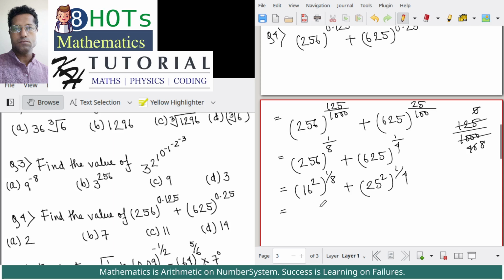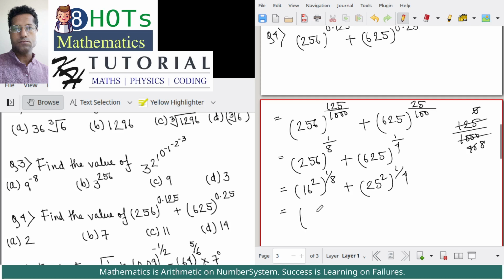I will further break down the 16 square as an exponential form with a smaller base. I think it's better we convert the 16 square as an exponential form with base 2, and 25 square, of course, as an exponential form with base 5.